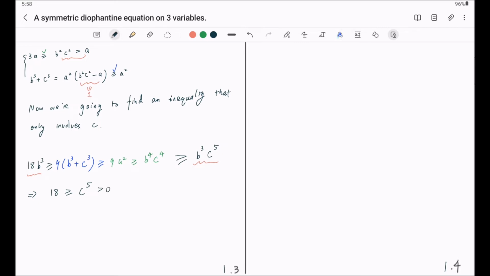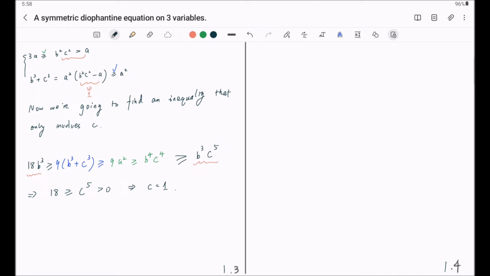How many choices do we have for c? Only one choice, c equal to 1. Because if c is equal to 2, then 2 to the power 5 is 32, which is already bigger than 18. That's bad. So the only choice for us is c equal to 1.